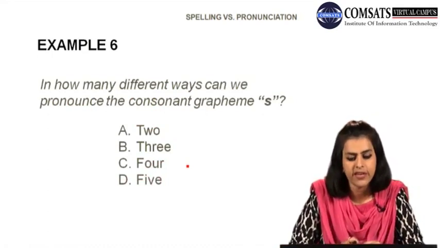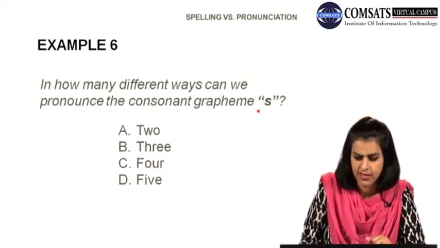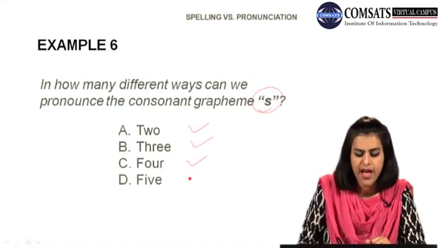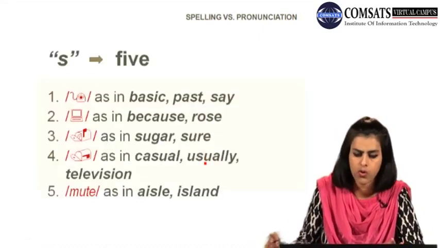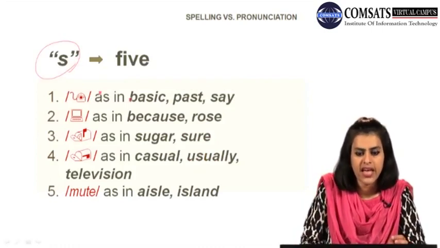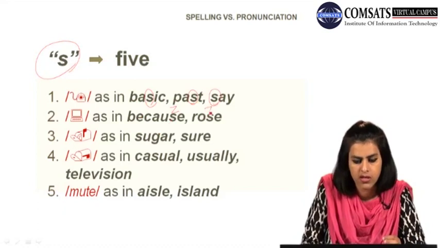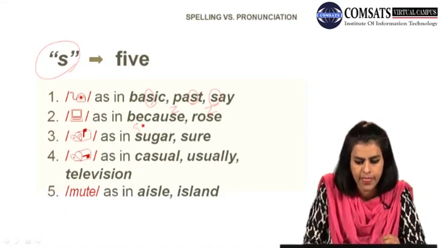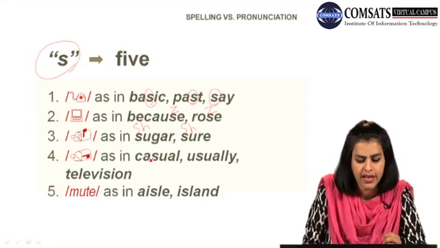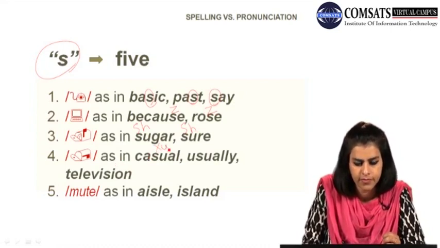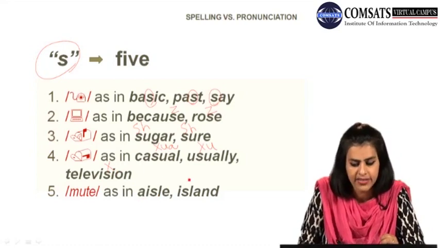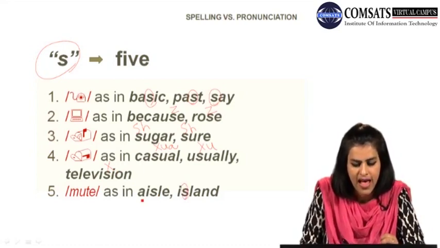Now, in how many different ways can we pronounce the consonant grapheme S? 2, 3, 4 and 5. So there are 5 interpretations of one particular letter. This sounds S, as in basic, past, say, because, rose, sugar, sure, casual, usual, television, island, silent, aisle.